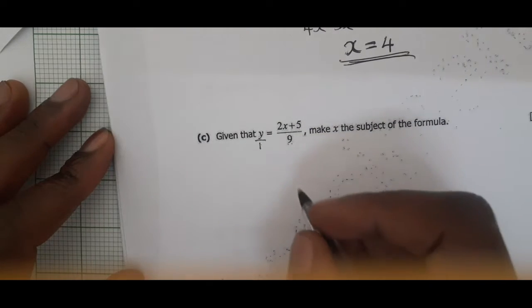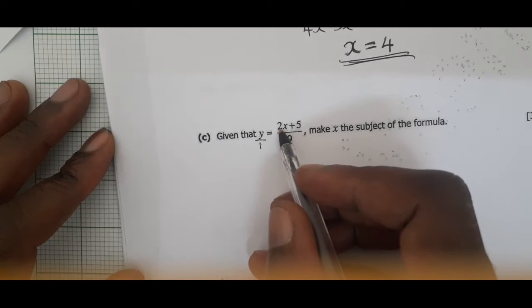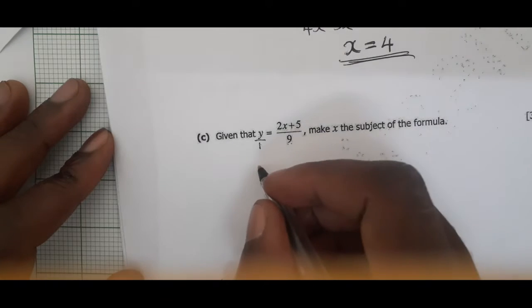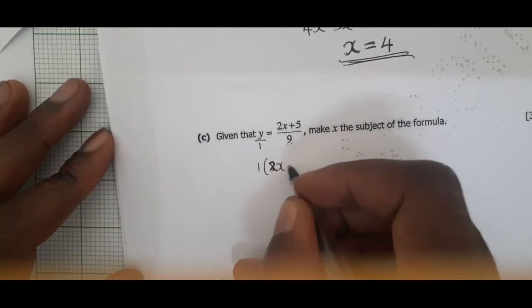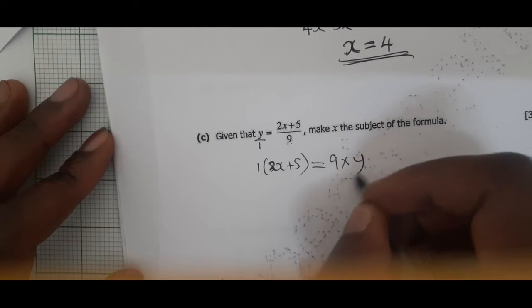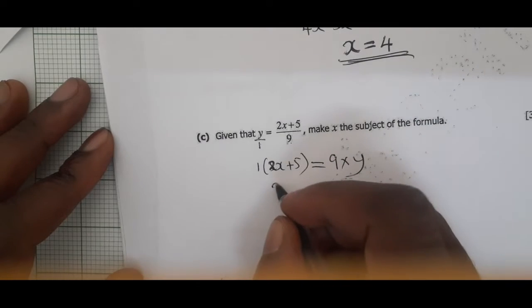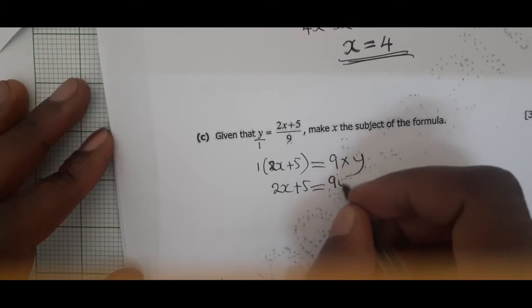So you cross multiply, what do you have? You have 1 multiplied by 2x plus 5 is equals to 9 multiplied by y. What do we get? Here we get 2x plus 5 is equals to 9y.